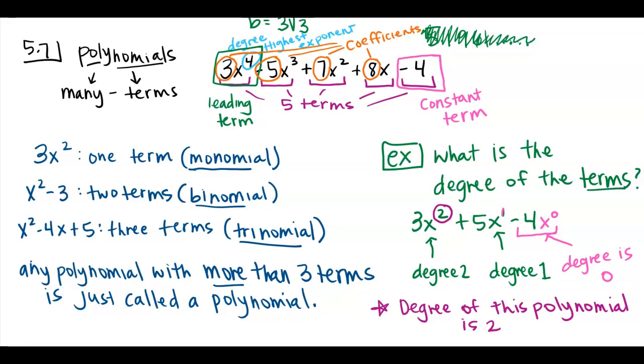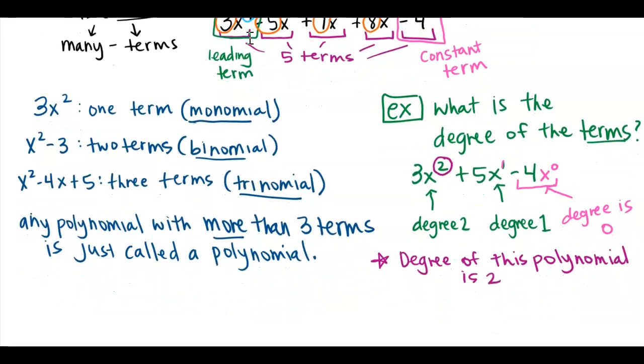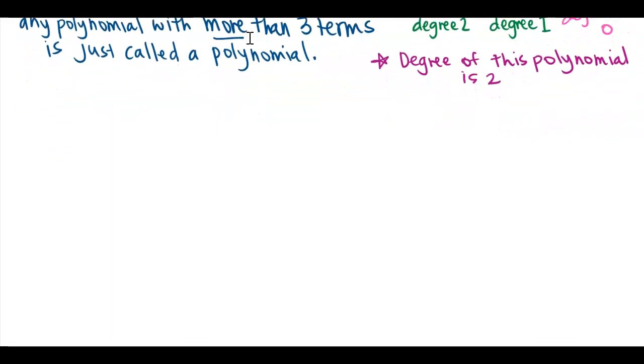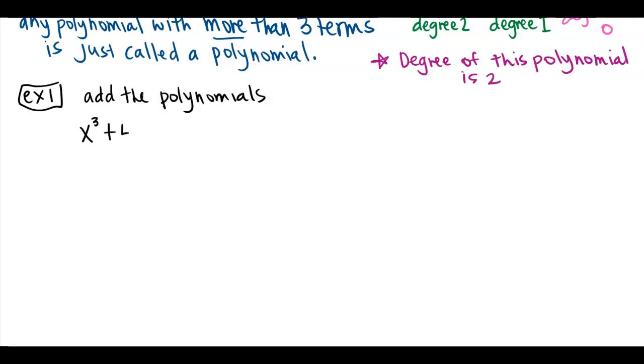Okay, well, let's talk now about adding and subtracting polynomials together. All right, so let me do a little example here. I might ask you to add the polynomials, and I give you x to the third plus 4x squared minus 5x plus 2.